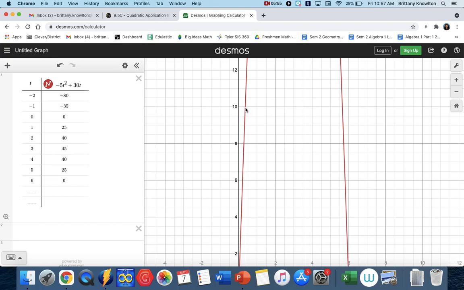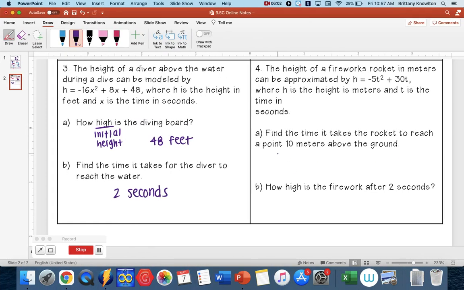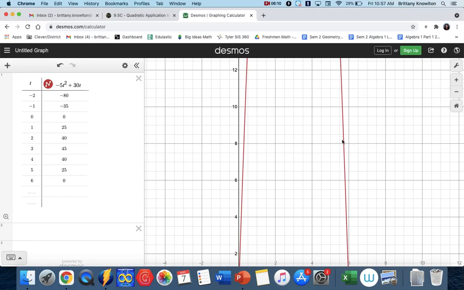So you can give a guess on here, an estimate. So I can say approximately at 0.8 seconds. And this is a little bit after 5, so I'm going to call that 5.1.